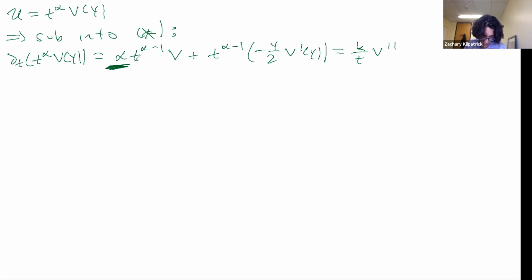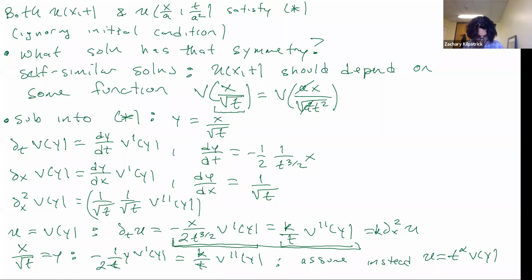So that nothing leaks away over time as the solution starts to spread out. Okay. So this no longer obeys self-similarity? So we'll choose alpha so that this does obey self-similarity.